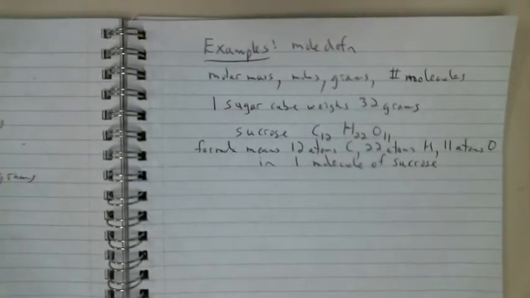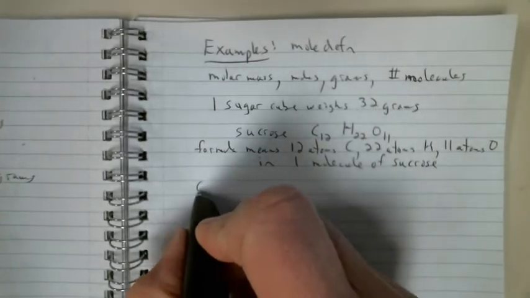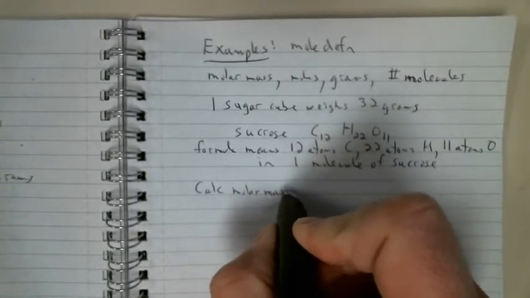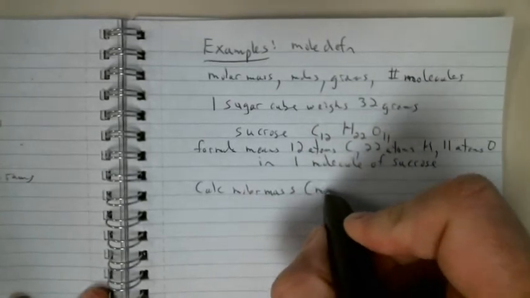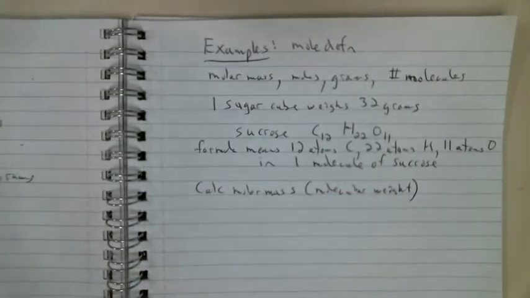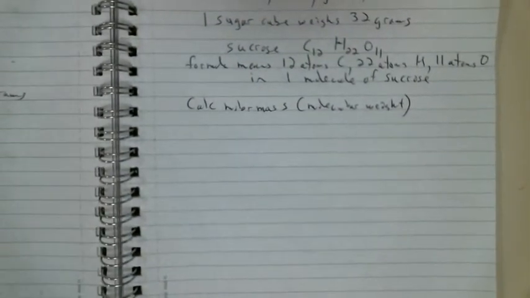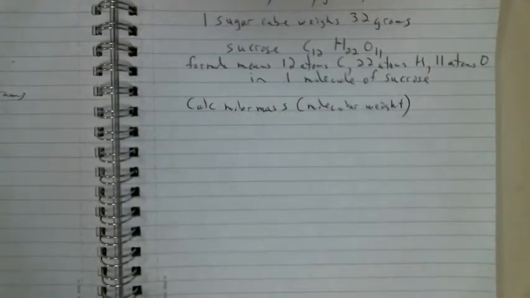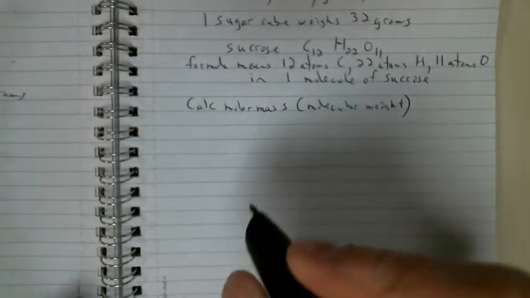And so a few examples that we'd have to be able to do. First one, let's calculate the molar mass. Sometimes we'll call that the molecular weight. I would make a big show of looking up the masses of all of these. I'm going to use whole numbers when it's warranted, when it's close enough to a whole number that it won't throw us off with our 3 digits. So let's just pretend I'm looking this up.